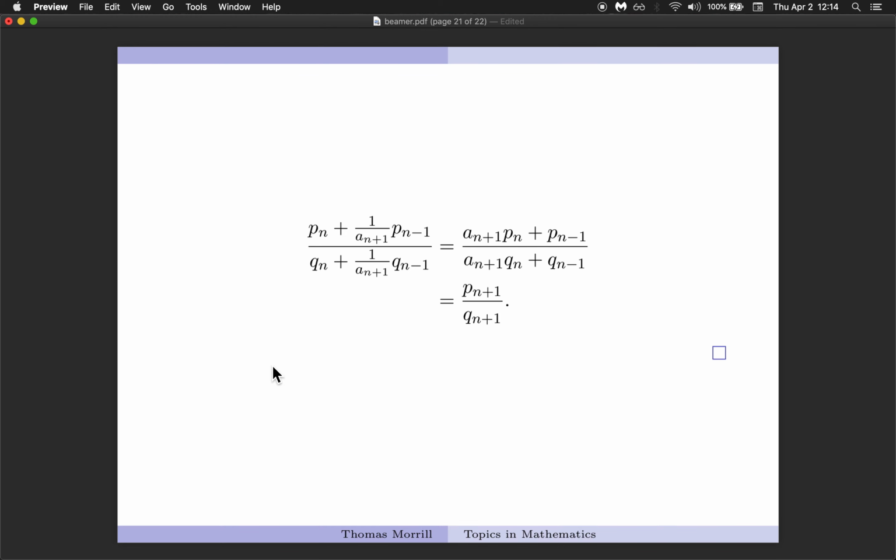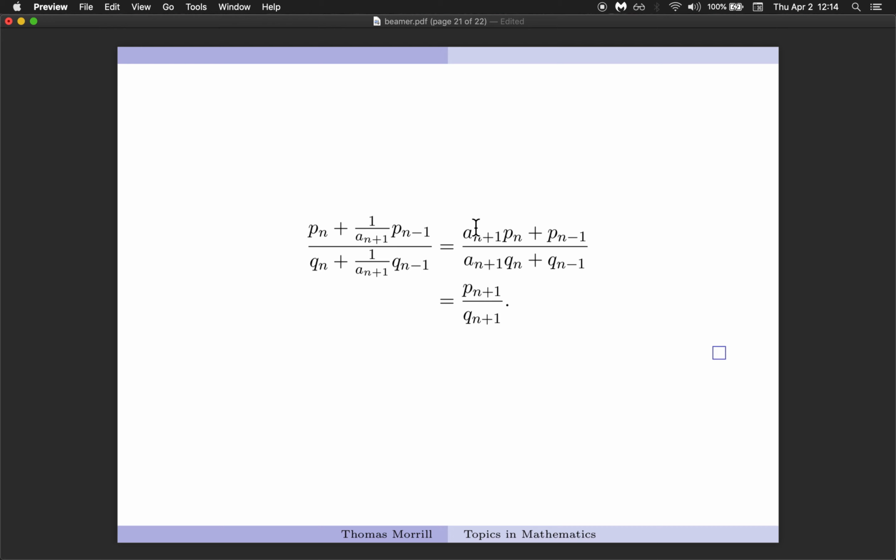So I'm going to use one of the oldest tricks in the book. I have a fraction. I'm going to multiply the numerator and the denominator both by the same number. I'm always allowed to do that, as long as that number is not 0. So I'm going to multiply through by an plus 1 on the numerator and an plus 1 on the denominator.